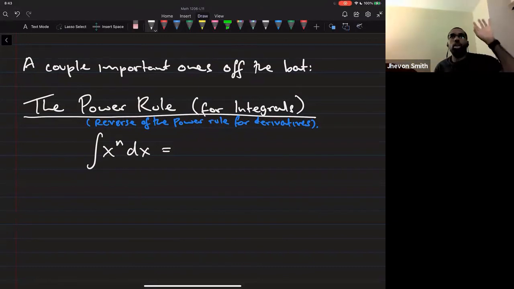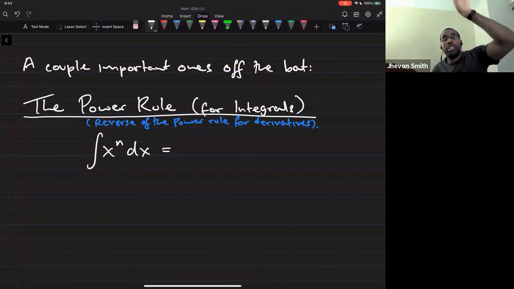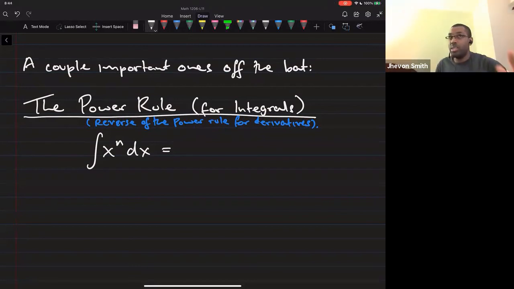You have some function with its own power, but you're going to change the power. You multiply by the old power and then subtract one from the old power to get the new power. To reverse this process, instead of multiplying by the old power, you divide by the new power, and instead of subtracting one from the power, you add one to the power. You're just going to do the opposite.